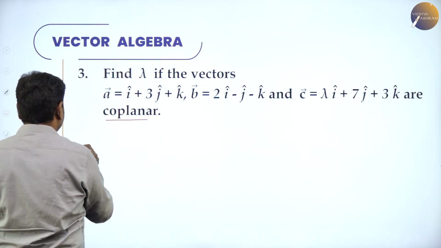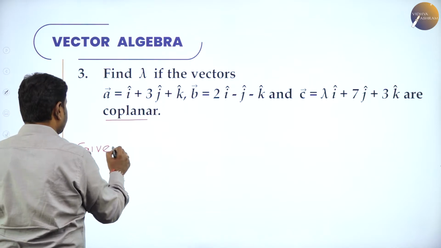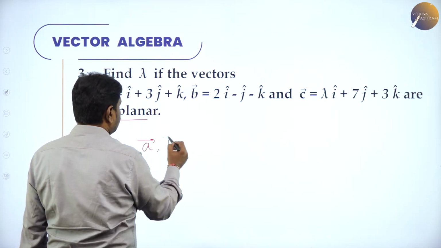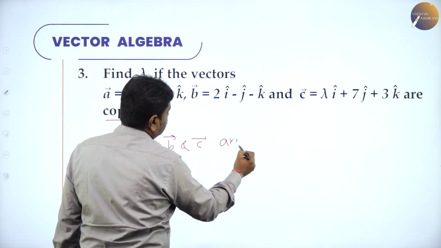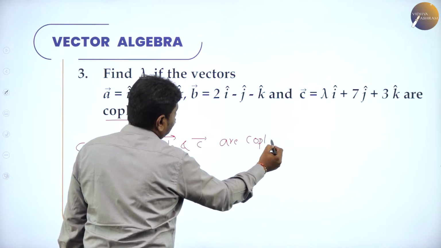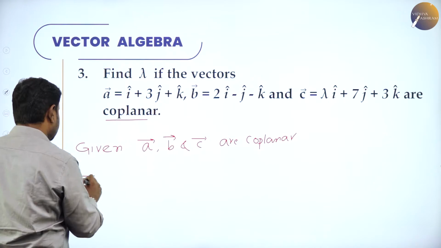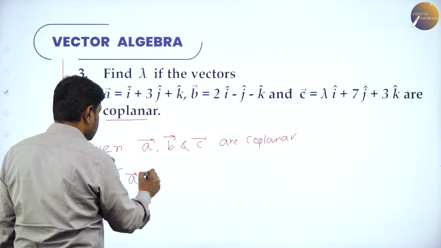First we'll write what is given. They have given that A, B, C are coplanar. Three vectors are said to be coplanar if their box product is 0. That implies box A, B, C is 0.